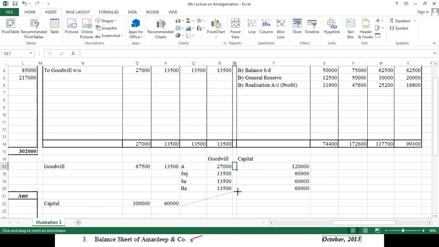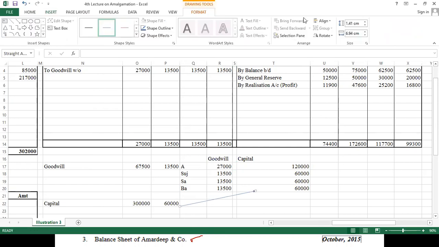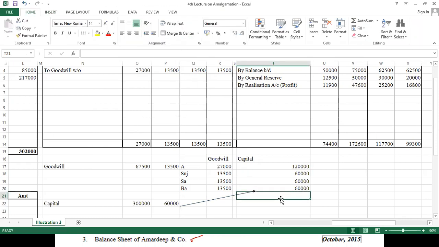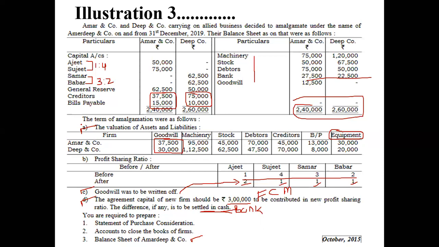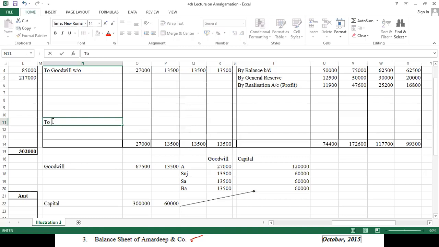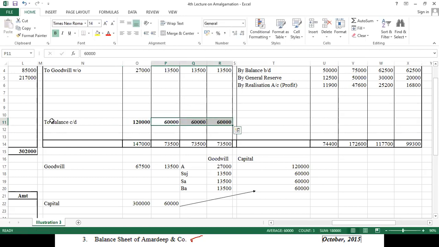This is what we have made here. ठीक है. और इसके अलावा बस यही एडजस्टमेंट है. सो एडजस्टमेंट नंबर डी इज ऑल्सो ओवर. सो हियर वी विल राइट टू बैलेंस सीडी. हमको फिक्स्ड कैपिटल ले के जाना है. एंड नाउ वी हैव कैलकुलेटेड फिक्स्ड कैपिटल इज 1,20,000 फॉर अजीत, 60,000 फॉर सुजीत, and 60,000 for Samar and Babar.